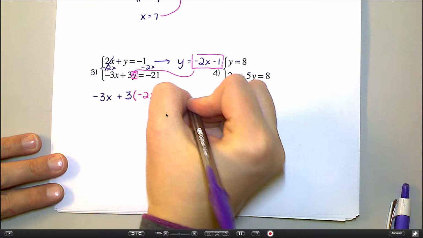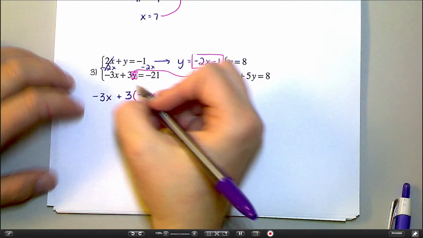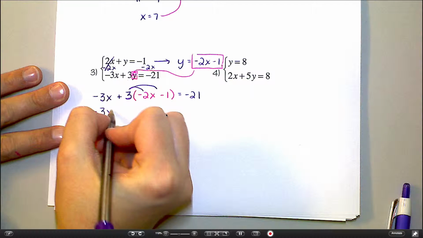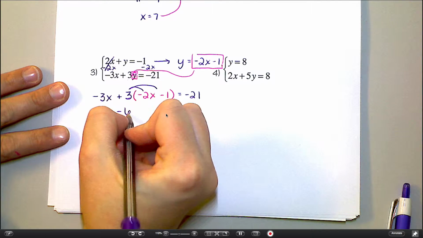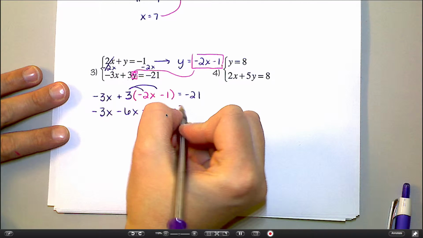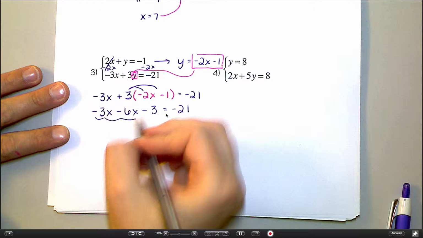Equals negative 21. And then how do I start this to solve? Distribute. Yep, distribute the 3. So negative 3x. 3 times negative 2 is negative 6x. And 3 times negative 1 is negative 3. I would put these together.